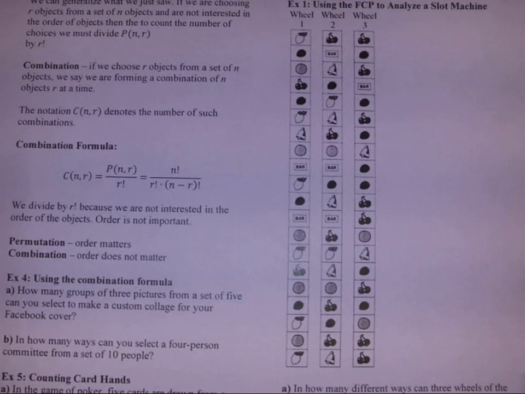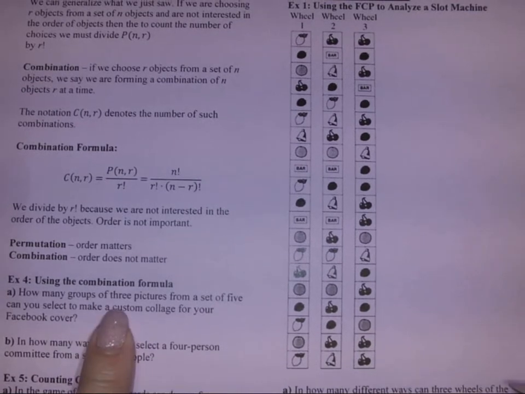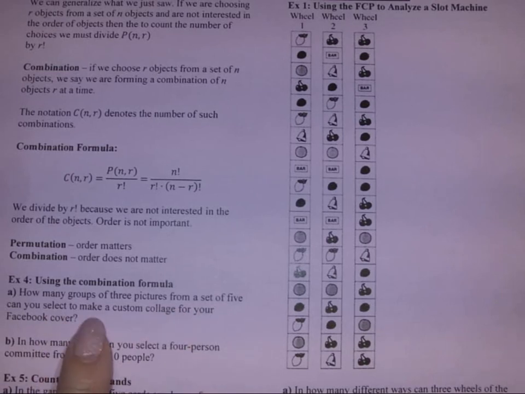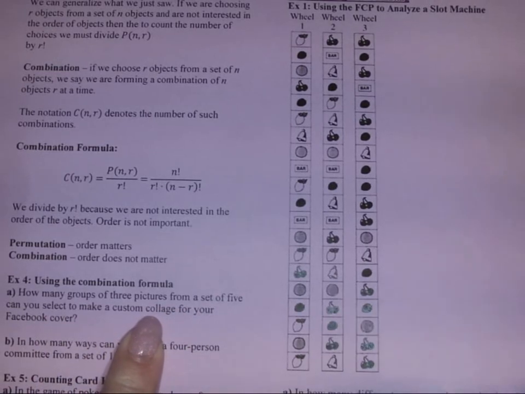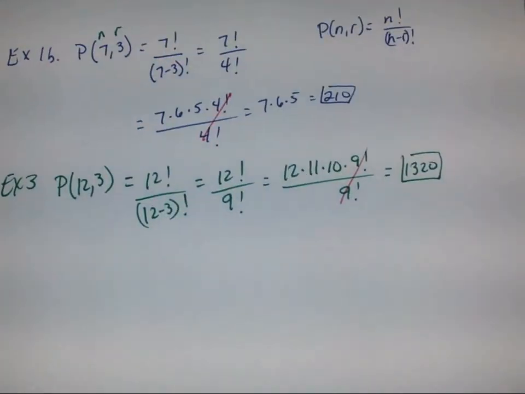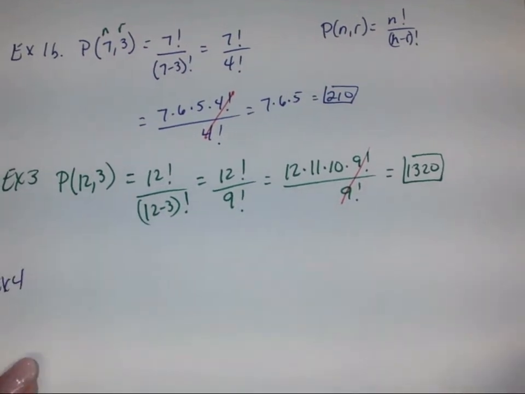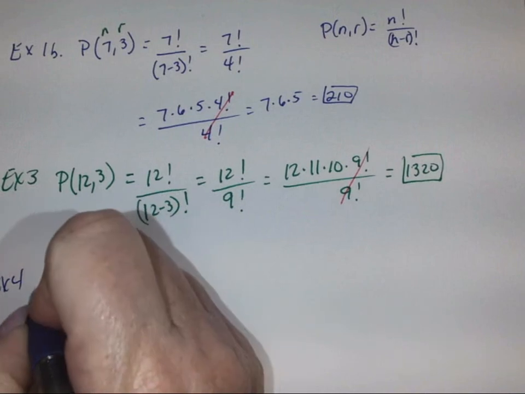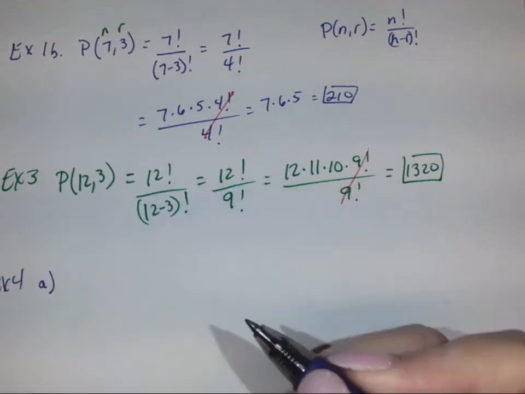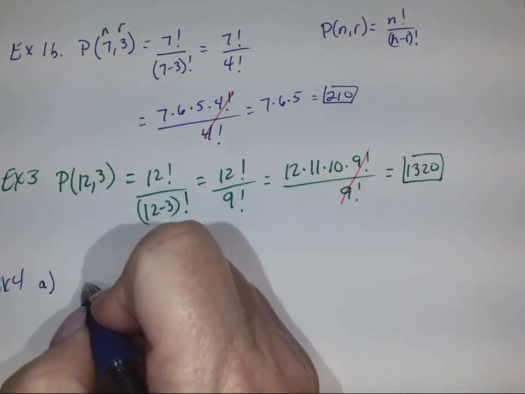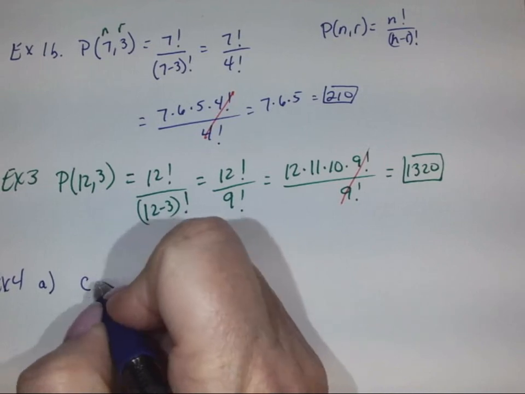So using the combination formula, how many groups of 3 pictures from a set of 5 can you select to make a custom collage for your Facebook cover? We're on example 4, part A, and we want to choose a combination.